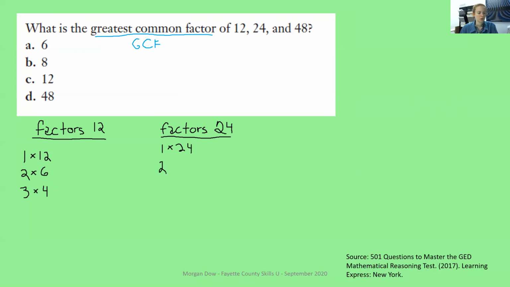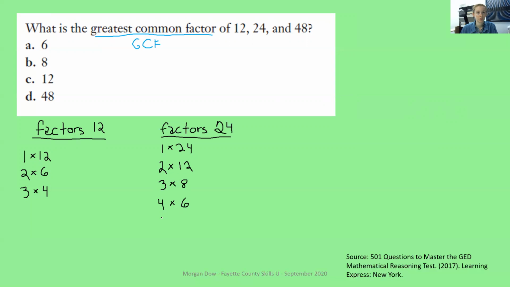What about 2? 2 times 12. 3, you could do 3 times 8. 4 would be 4 times 6.